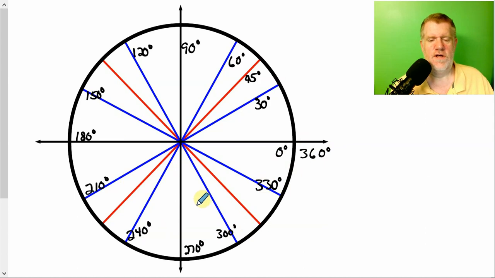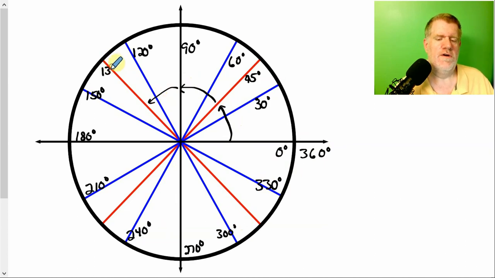Now these lines in red are all 45. So 45 and 45 is 90. 45 more is 135. So you can think of it that way, as always in jumps of 45, or realize how far it is between these two. That's only 15.